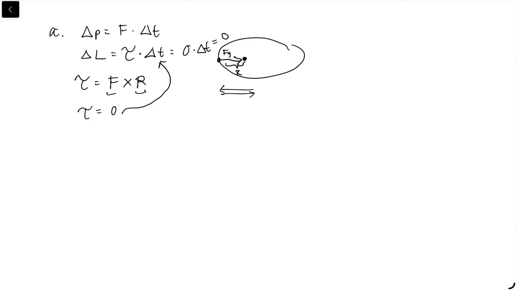So by that, we can assume that the initial angular momentum is the same as the final angular momentum. So the angular momentum at the perigee is equal to the angular momentum at the apogee.